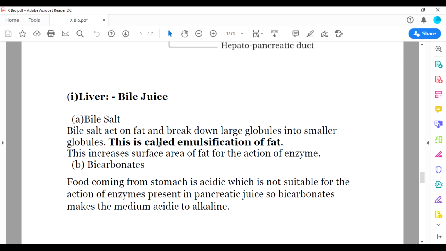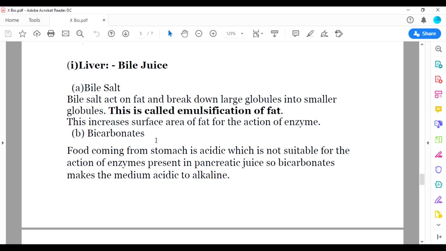This process of breaking down large fat globules into small ones is called emulsification of fat. So bile salts emulsify the fats. This emulsified fat has a large surface area, which is suitable for the action of enzymes.